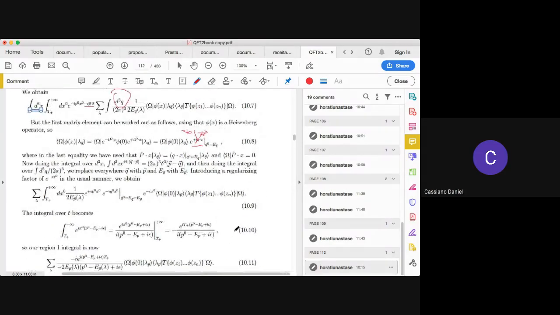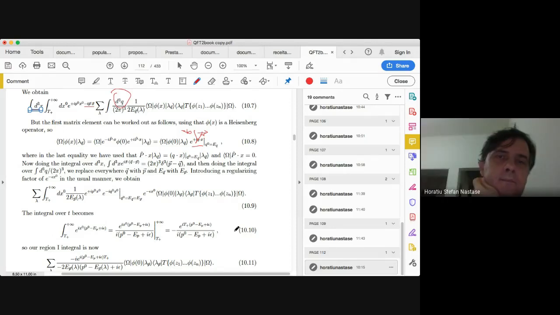So I have a question. Can I do everything in Euclidean and then get this regularizing factor without putting it by hand? Because here we are putting it by hand. You remember that we're doing the LSZ formalism, which means that we have to define a relation between correlation functions and S matrices.